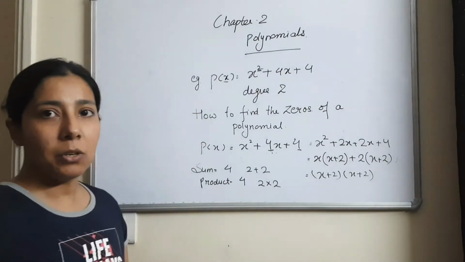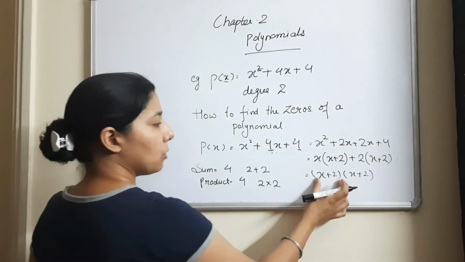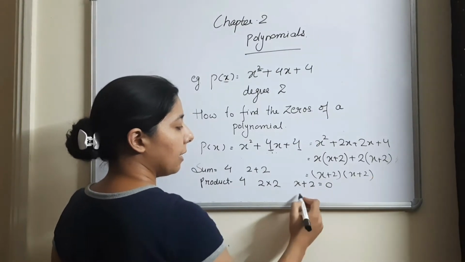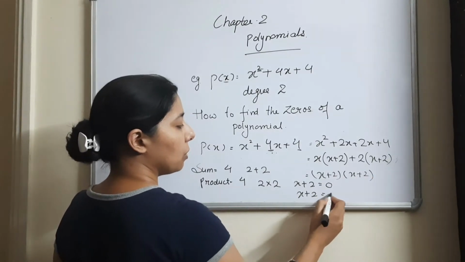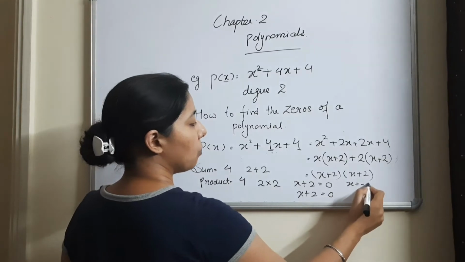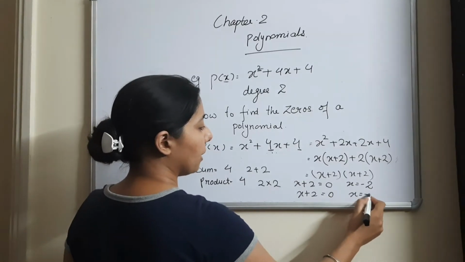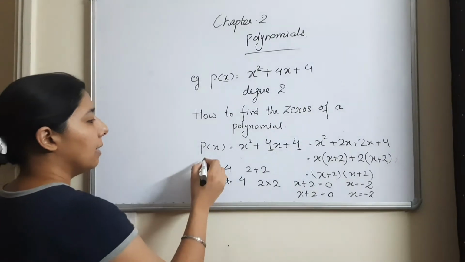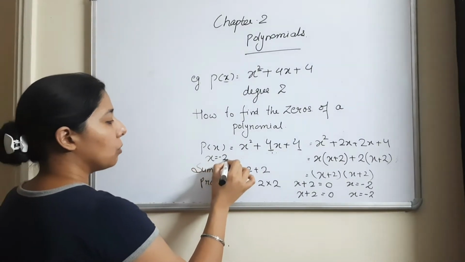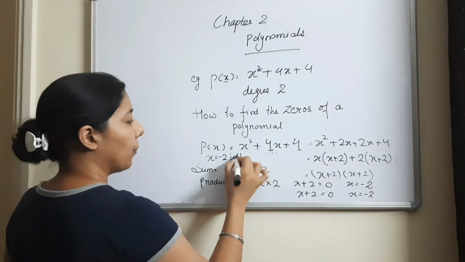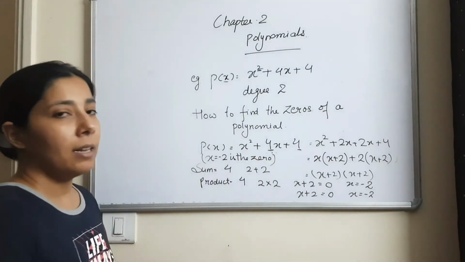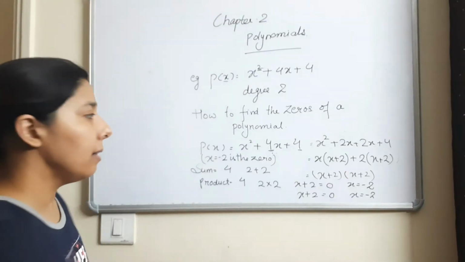To find the zeros of the polynomial, put x plus 2 equal to 0, and this x plus 2 also equal to 0. From here x is equal to minus 2 and x is equal to minus 2. Both are the same number, so you can write that x equal to minus 2 is the zero of this polynomial. Let's take one other example.